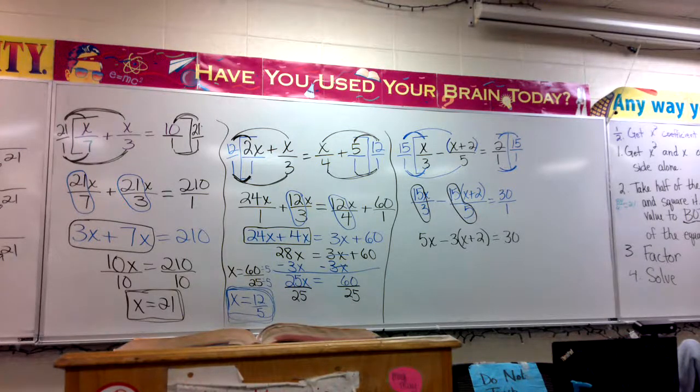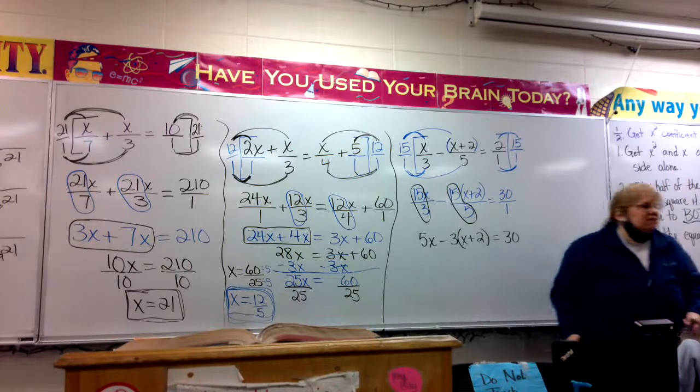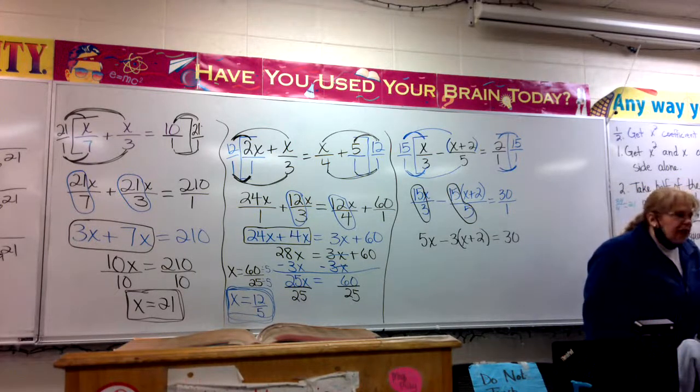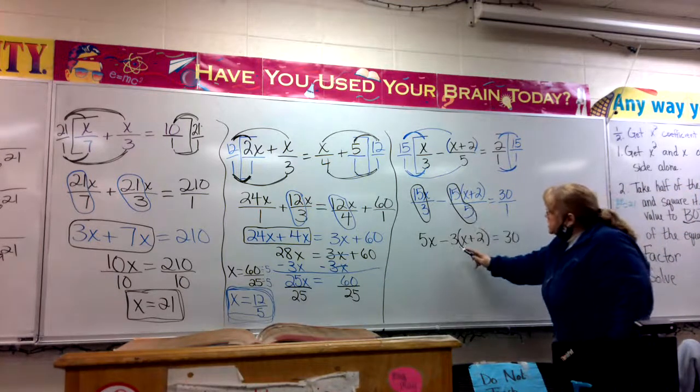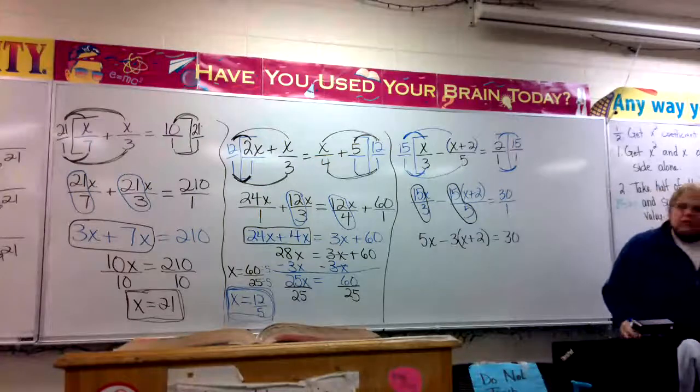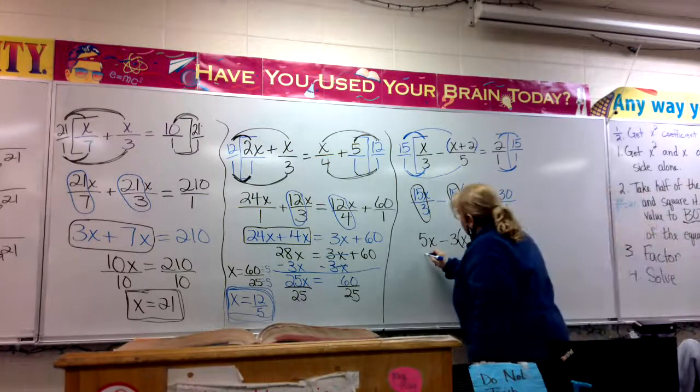Because I know that because I've been doing this for a long, long time. And the people that multiply it out first, they make mistakes, most of them. So don't multiply it out. Reduce it first. Now we can multiply it out.